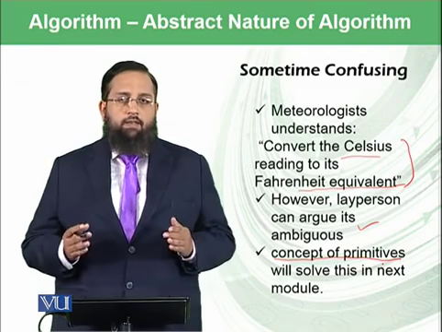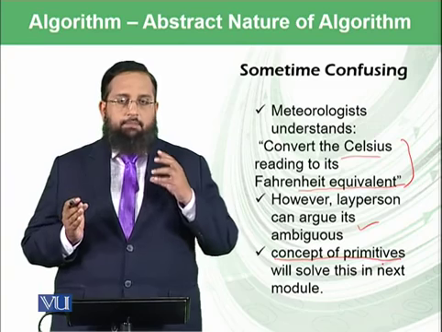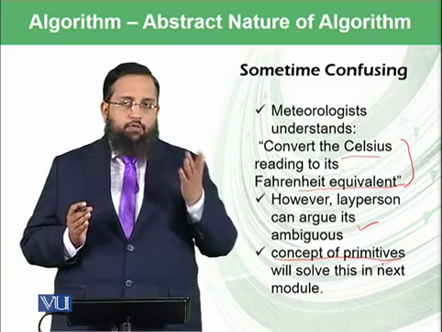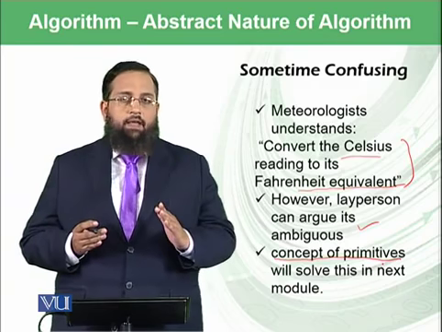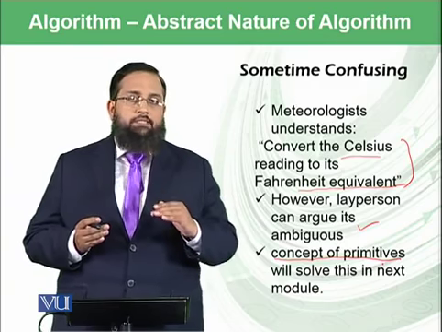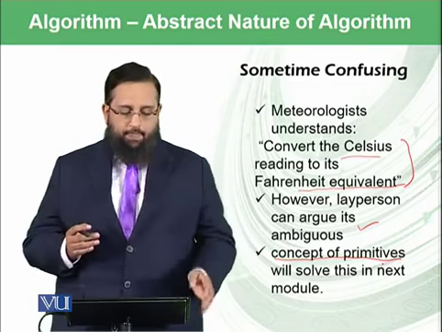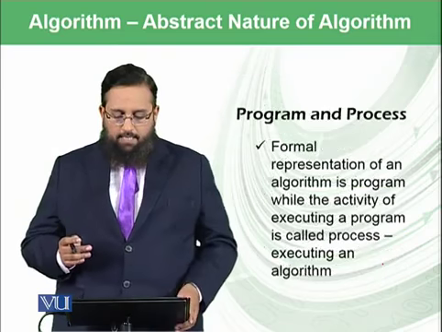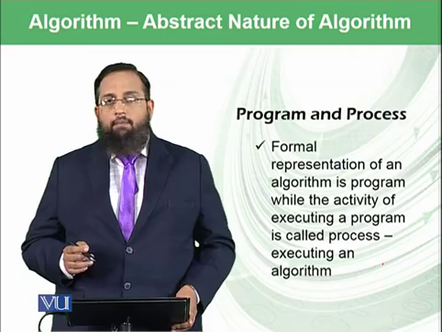We will define certain primitives which will be symbols. Those symbols would have certain definite meanings, and those meanings are universally understandable by all of the community. Here we should also differentiate between program and process.